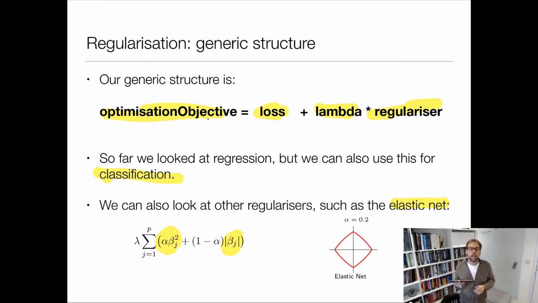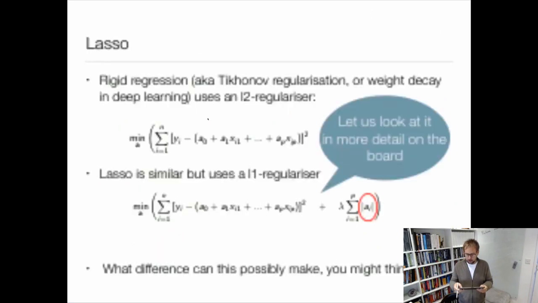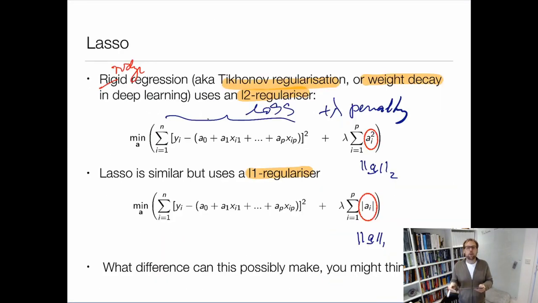Most importantly, both loss functions here are still convex. This is a convex function, we already talked about it, and nothing changes here.